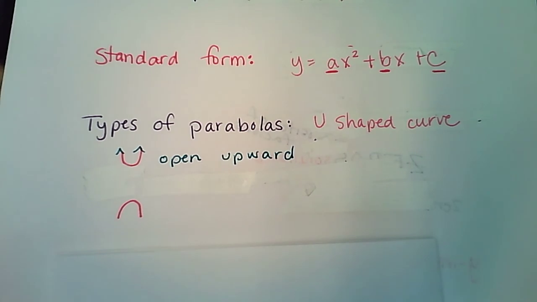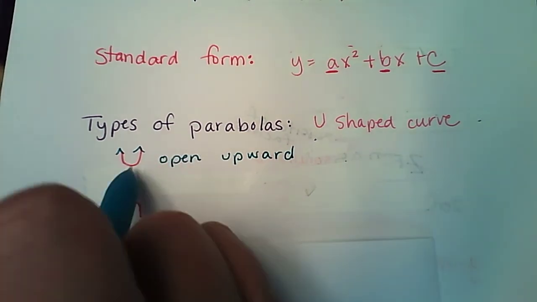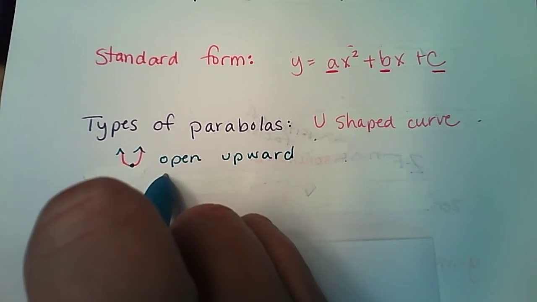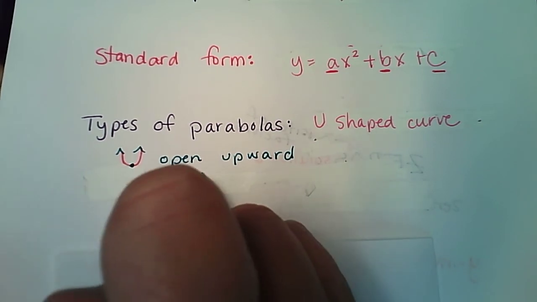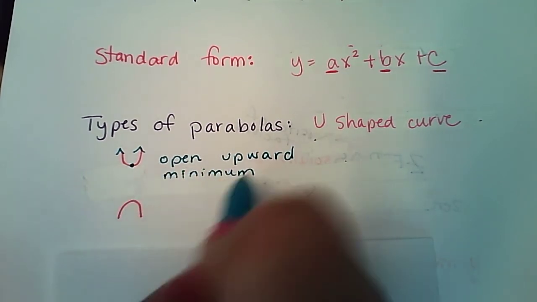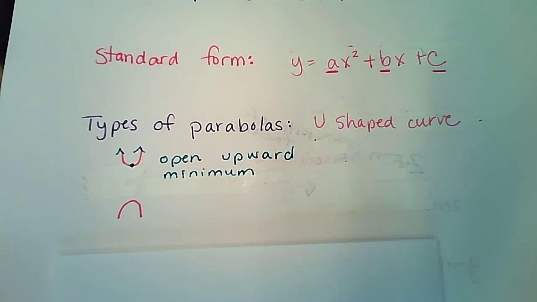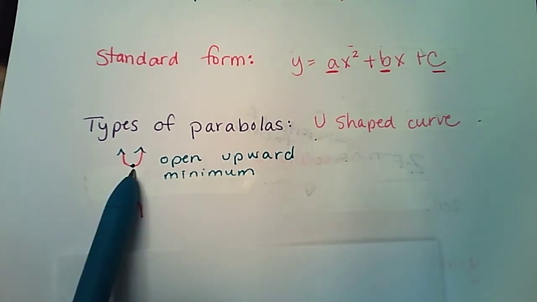When I have a U going upward, this right here is the minimum of my graph. Why? Because the minimum is the lowest point possible in the graph. The minimum of anything is the lowest thing you can do. We'll talk about how equations get this maximum and minimum later. But whenever our parabola opens upward, it is the very bottom.